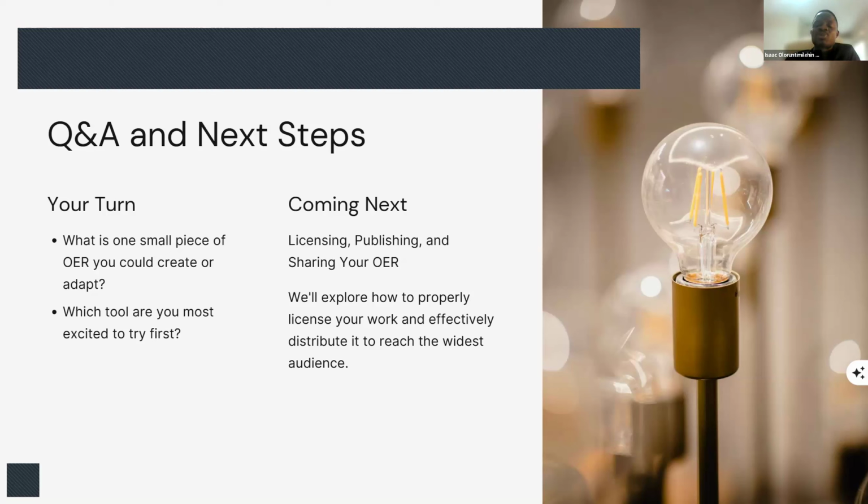And your joy will be that other people use your work and attribute it to you. That's one of the reasons we talk about the Creative Commons licenses. So we'll be exploring this next week, and it will be our final session. We'll also be announcing the winners of the funding next week as well.